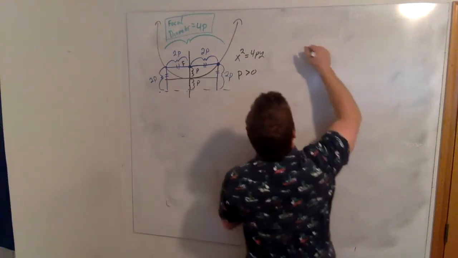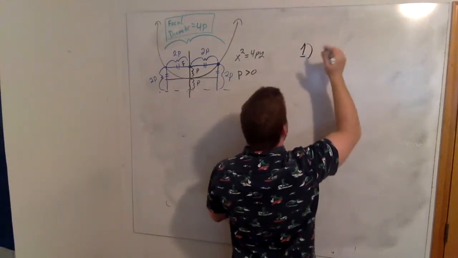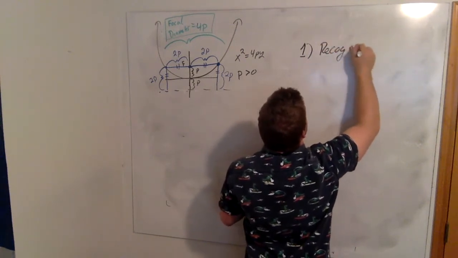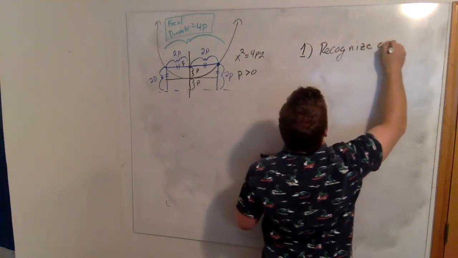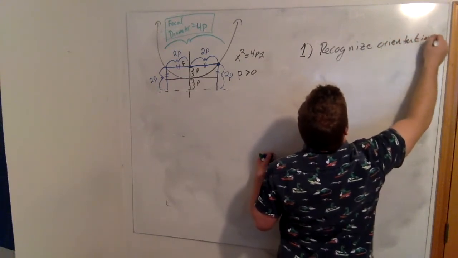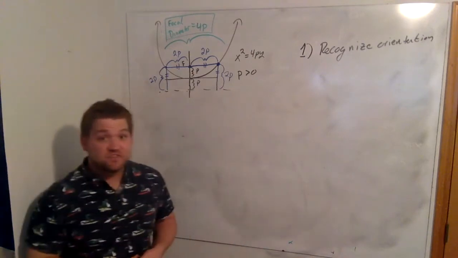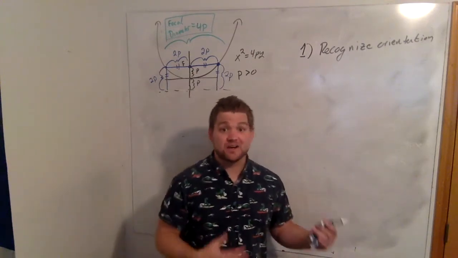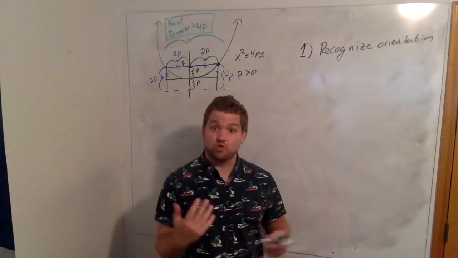The first thing you should do is recognize orientation. If it's x squared, that should be familiar to how we're normally used to seeing parabolas.